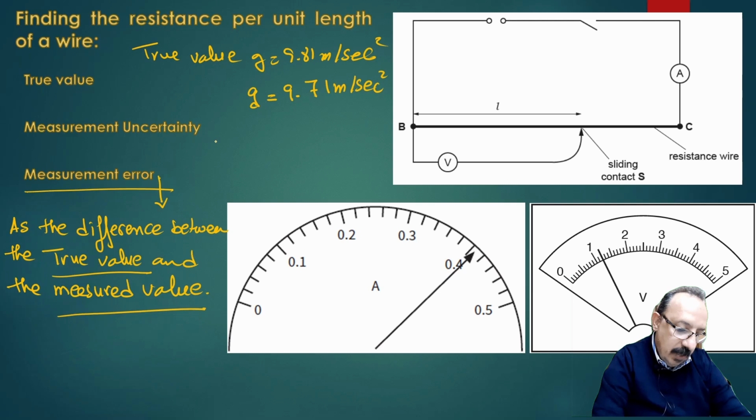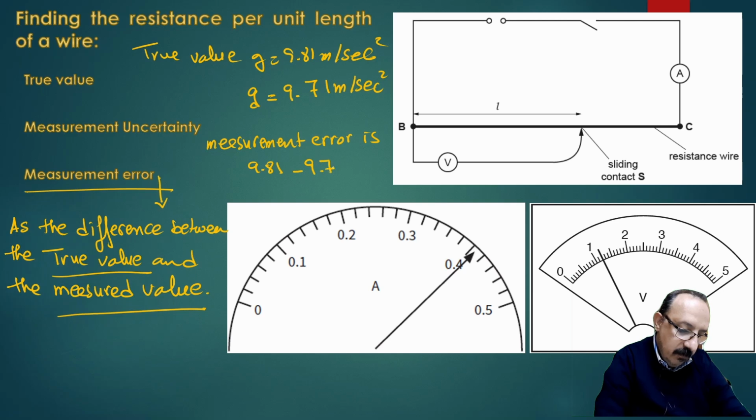So the measurement error is 9.81 minus 9.71, which is equal to 0.1 meters per second squared.